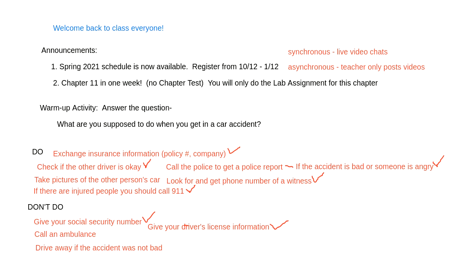So look for a witness if you can, get their name and phone number, and then give that to your insurance company. Okay. I know we're talking a lot about this, but I think this is so important for you guys who come to this country and you start driving, and sometimes you're not aware of what am I supposed to do now? It can be very scary.